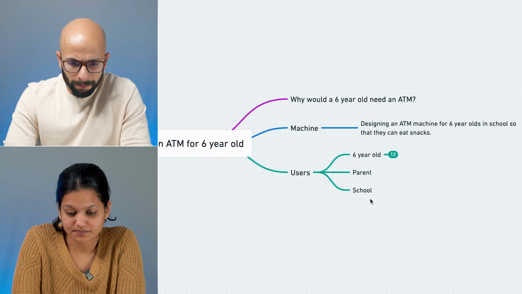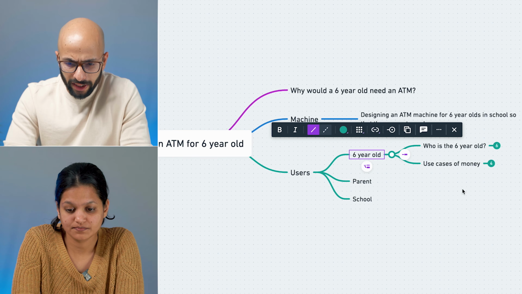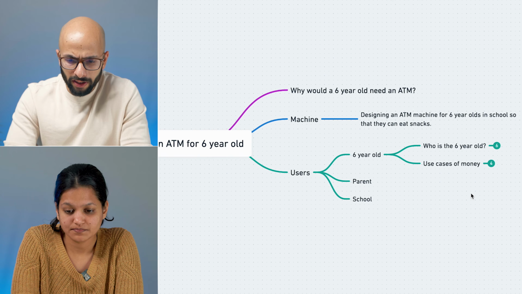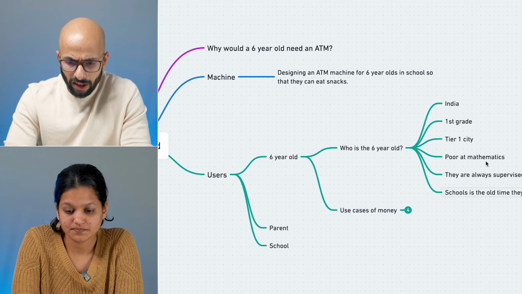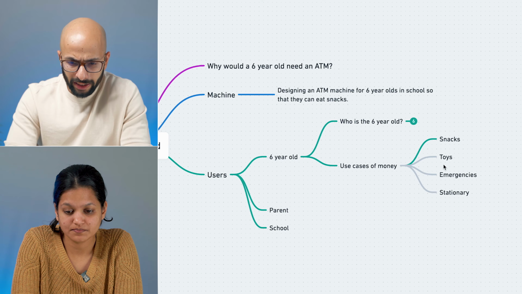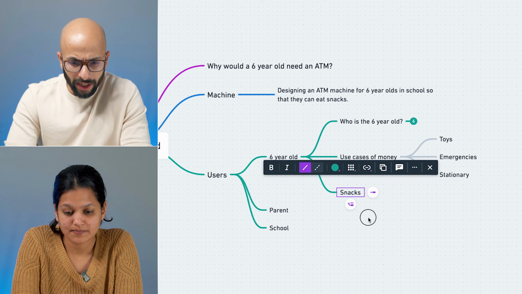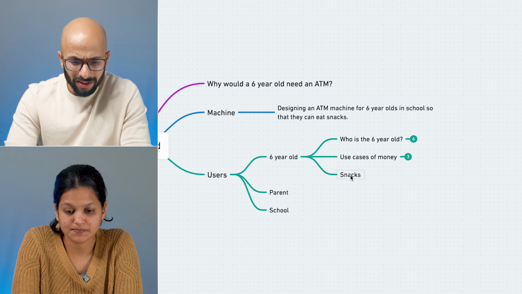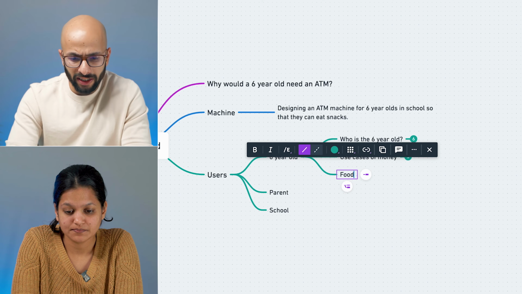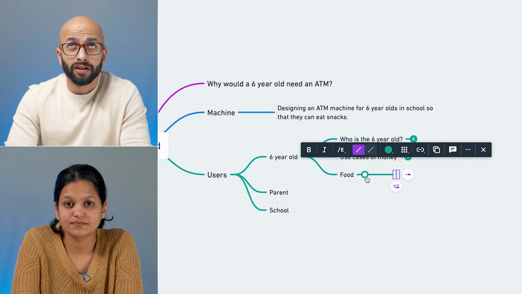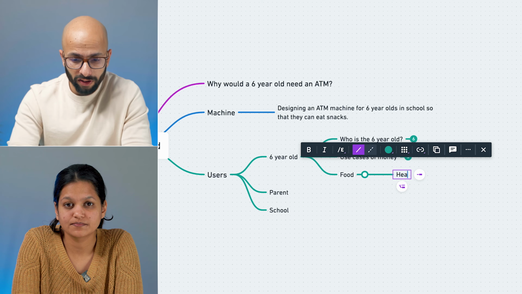Awesome. So just a 6-year-old, right? I think we spoke about the 6-year-old's use cases, who the 6-year-old is, but inside snacks, I just want to now prioritize for food, basically. Children don't like healthy food.